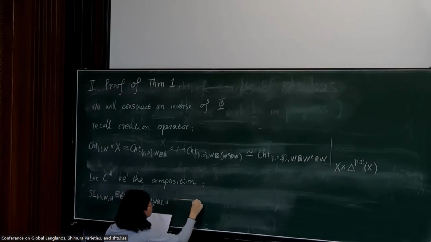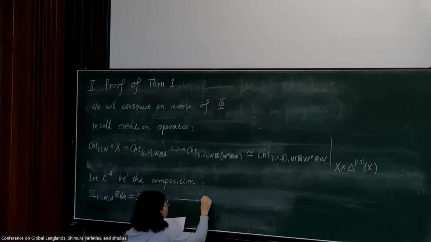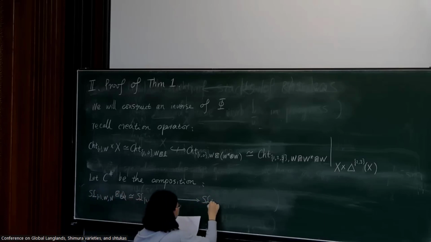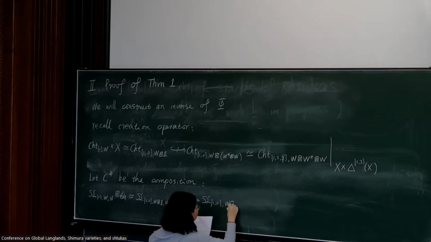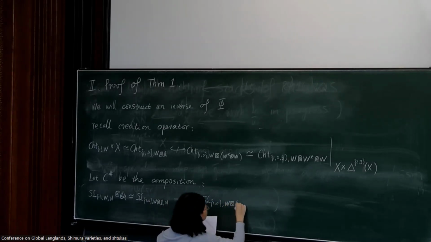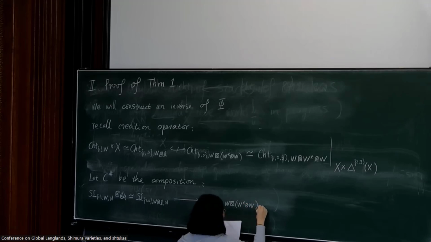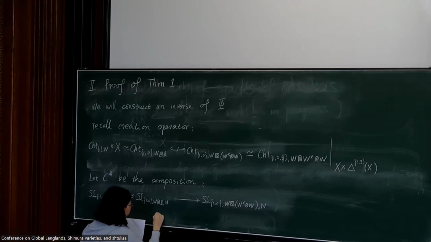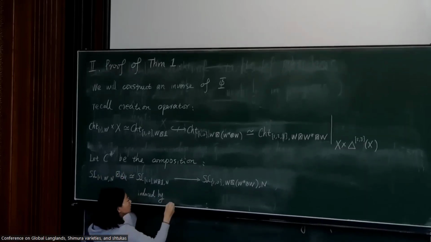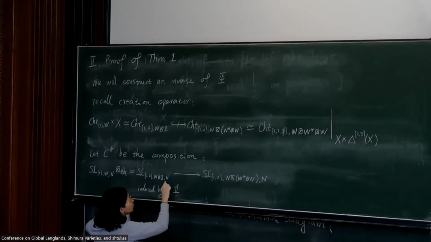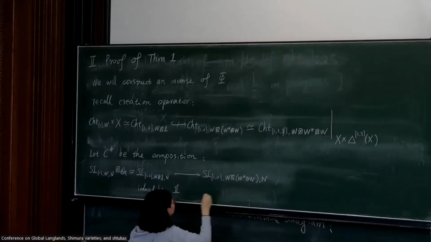And then we have a morphism of sheaves related to a morphism of representations. So this is induced by the canonical map from the trivial representation to this one.